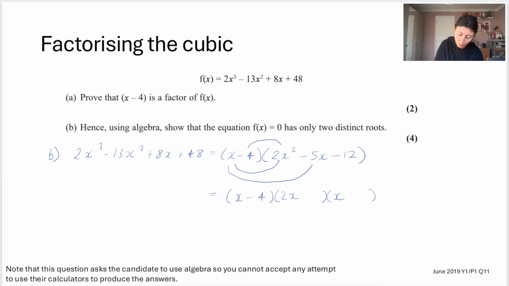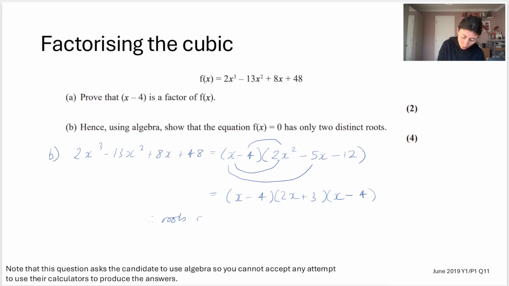If I put a 4 there, that gives me 8. I put a 3 there, that gives me 12. And I want minus 8 plus 3. And there was a kind of a hint that I was going to get x minus 4 in a bracket, so they were helping me there because it has only 2 distinct roots.